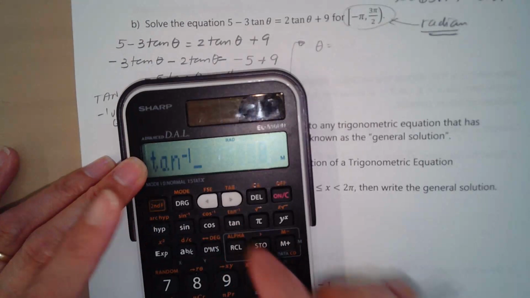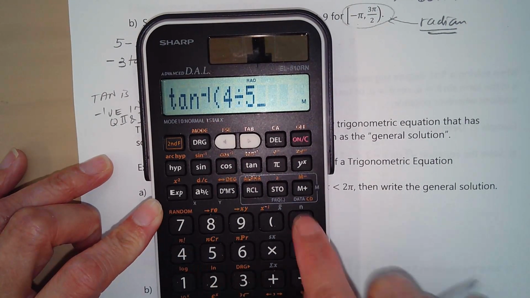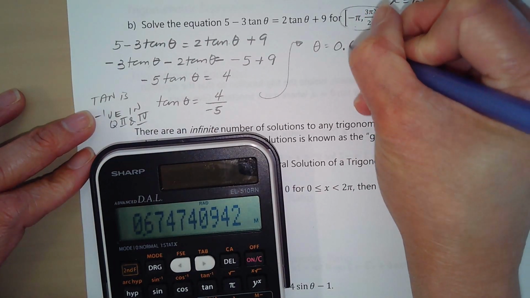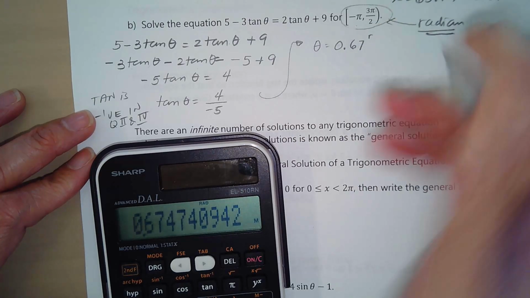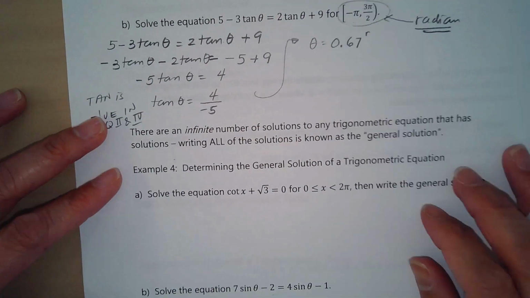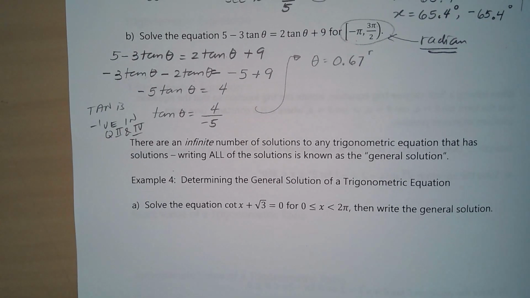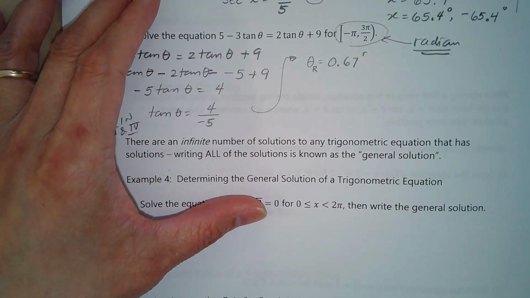So tan inverse of 4 divided by 5 is going to be 0.67 radians. I'm going to put R there. Okay, so that's the reference angle, but that's not the theta. I'm going to put R for reference angle.